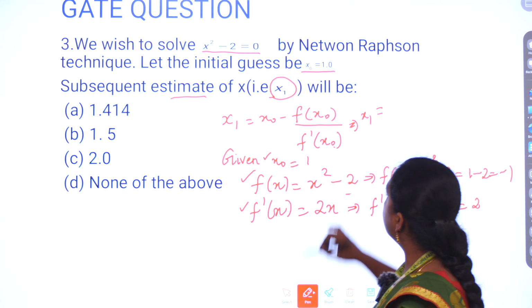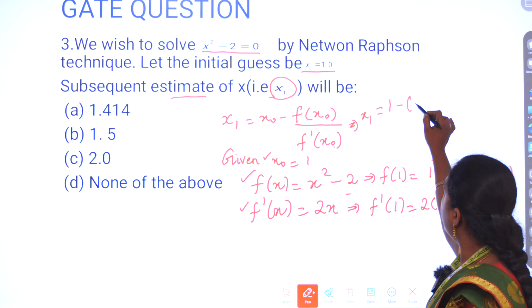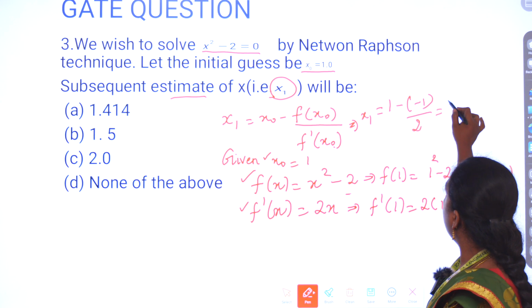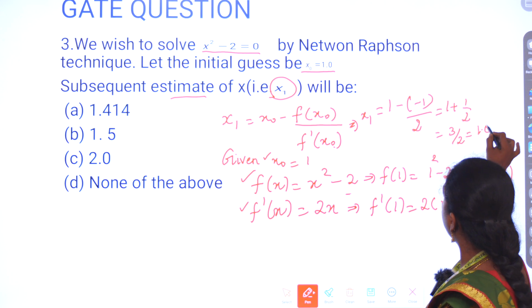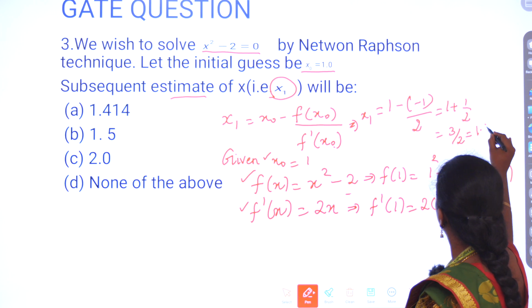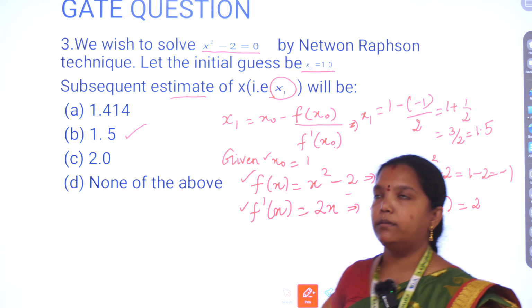So x1 is equal to x0, 1, minus f of x0, minus 1, divided by f dash of x0, which is 2. So 1 plus 1 by 2, which is equal to 3 by 2, which is nothing but 1.5. So option B is the right one.